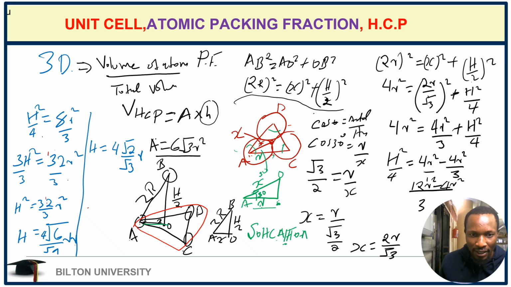And what is the area? We did say that the total volume of H.C.P is equal to area times height, and we have managed to calculate the height, and therefore we can proceed now. Let me just go to the other side.